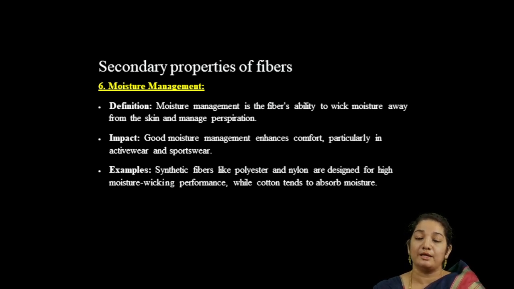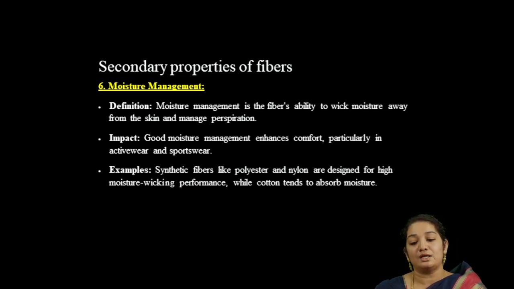Moisture management. This is also very important. When wearing the fabric or dress, it must provide breathability, based on the moisture content present in the garment. The fiber must wick moisture away from the skin and manage perspiration. Good moisture management enhances comfort and at the same time provides a good look.